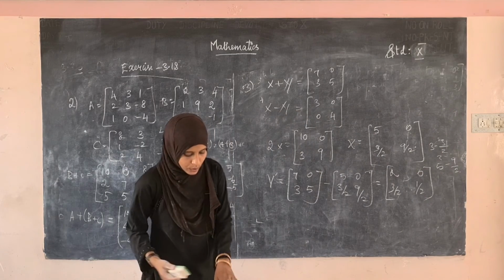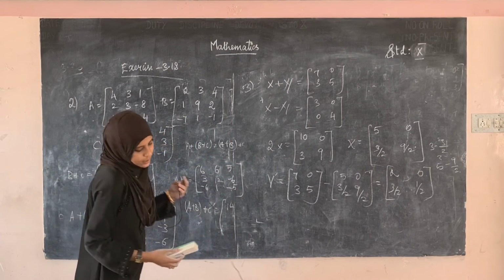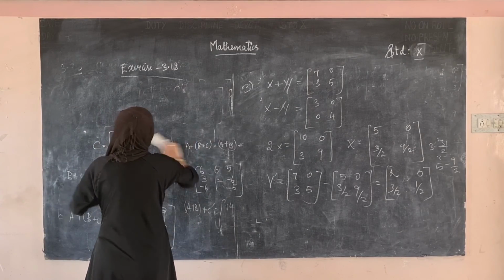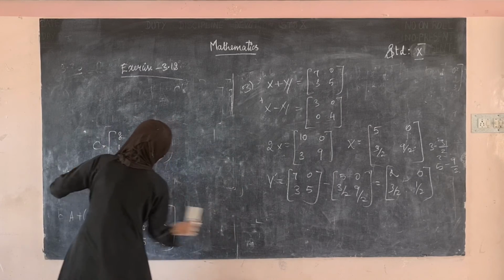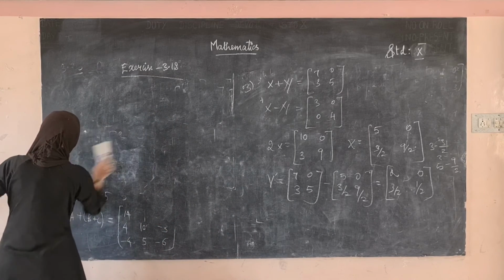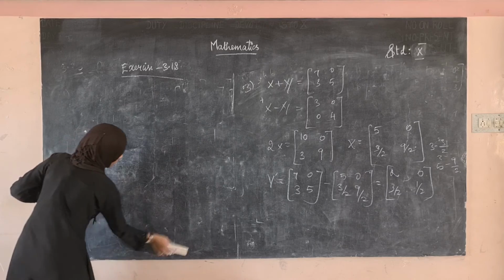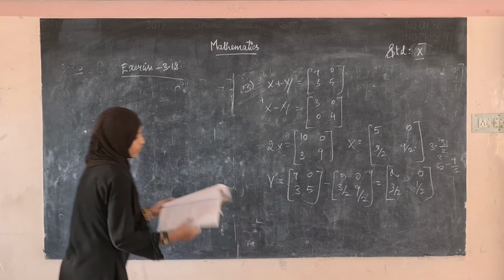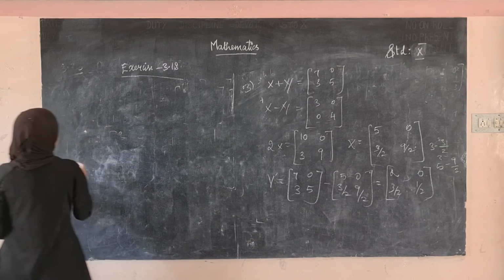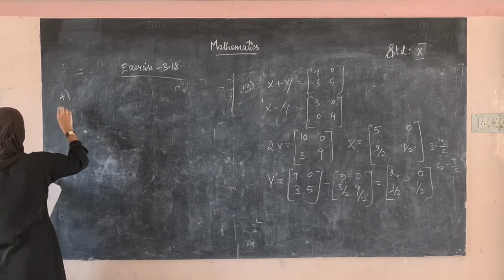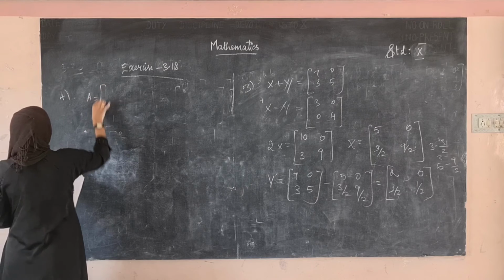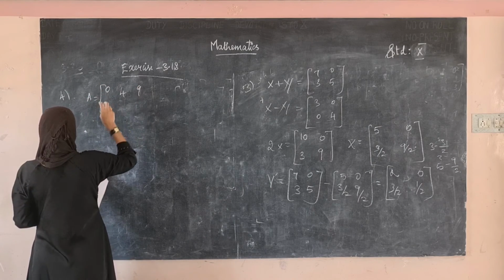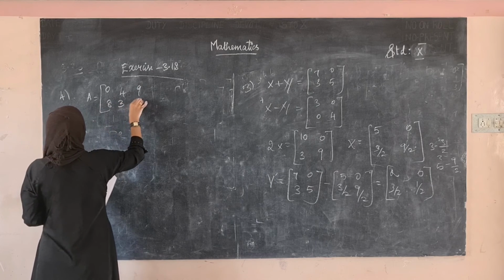Okay. Now the fourth sum. They have given two matrices and we have to find the given expression. The matrix A is 0, 4, 9, 8, 3, 7. Okay.